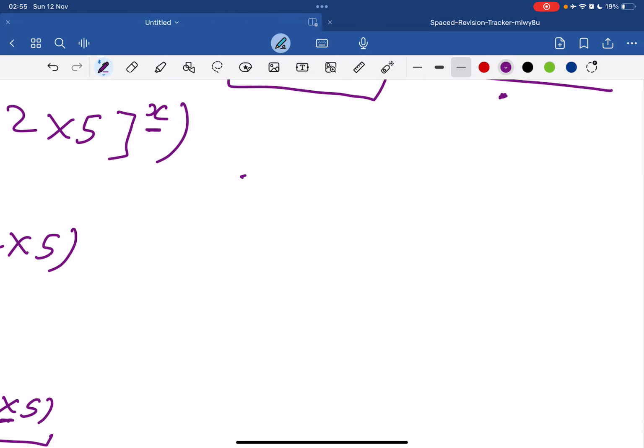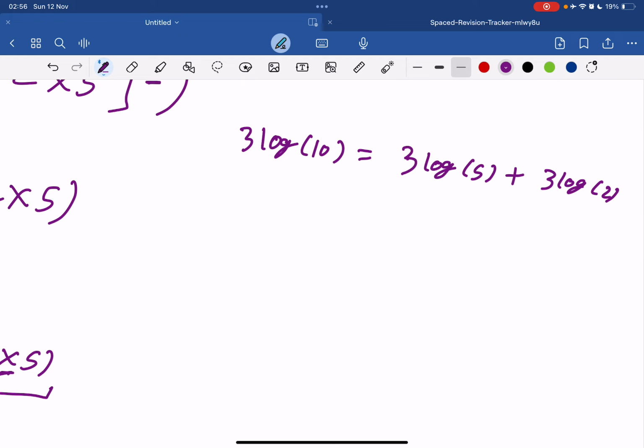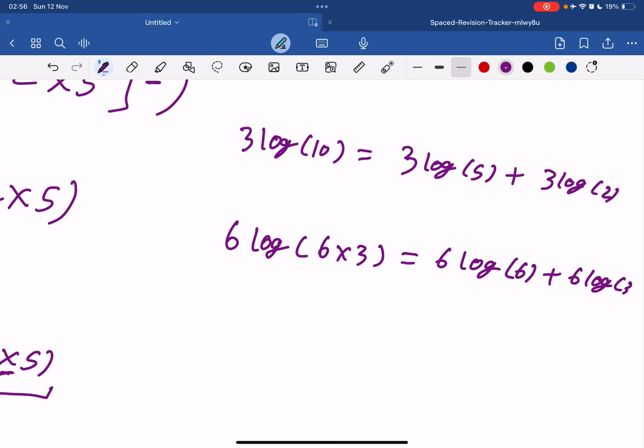Let me give you an example. 3 log base 10 of 5 times 2 would equal 3 log base 10 of 5 plus 3 log base 10 of 2. If I had 6 log base 6 of 3 times 3, this would equal 6 log base 6 plus 6 log base 3.